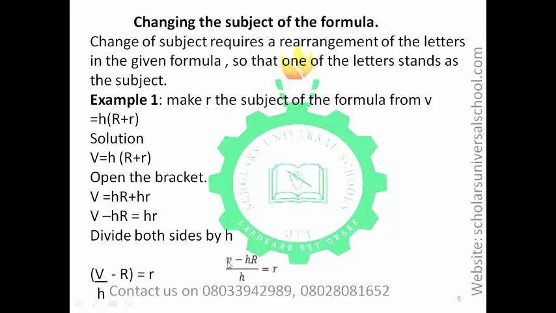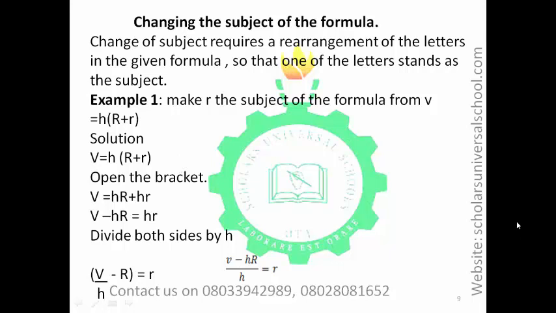Now you can try to factorize by saying V over small h minus hR over small h. You will know that this h will cancel the small h again. So at the end of the day, you will have V over h minus bigger R is equal to smaller r. Please, you can replay this audio again to understand my explanation better.